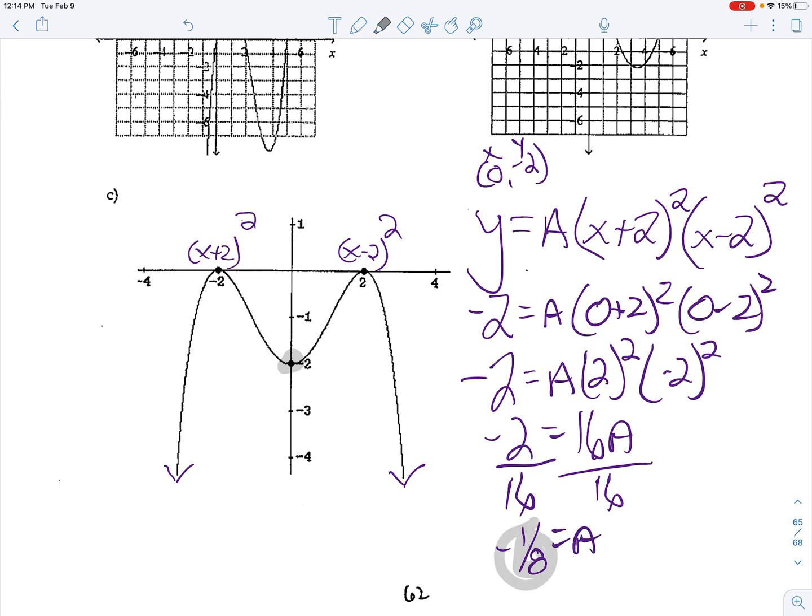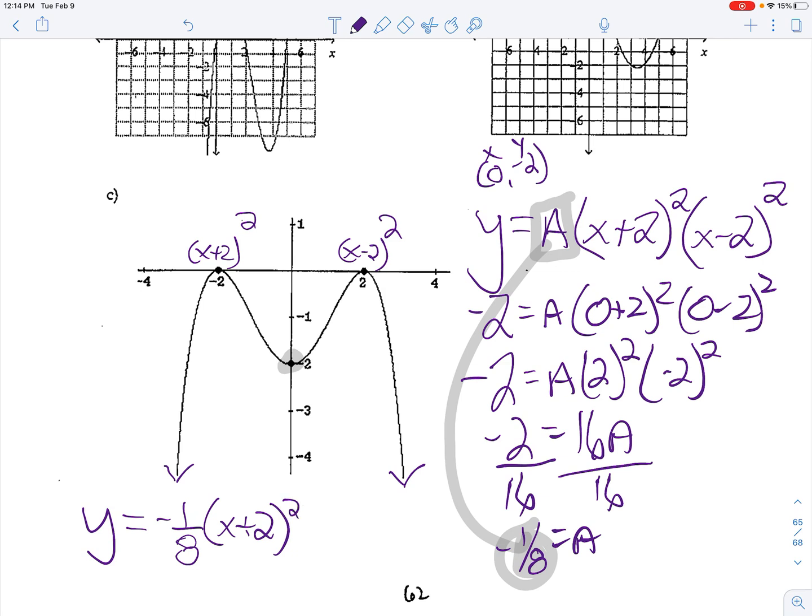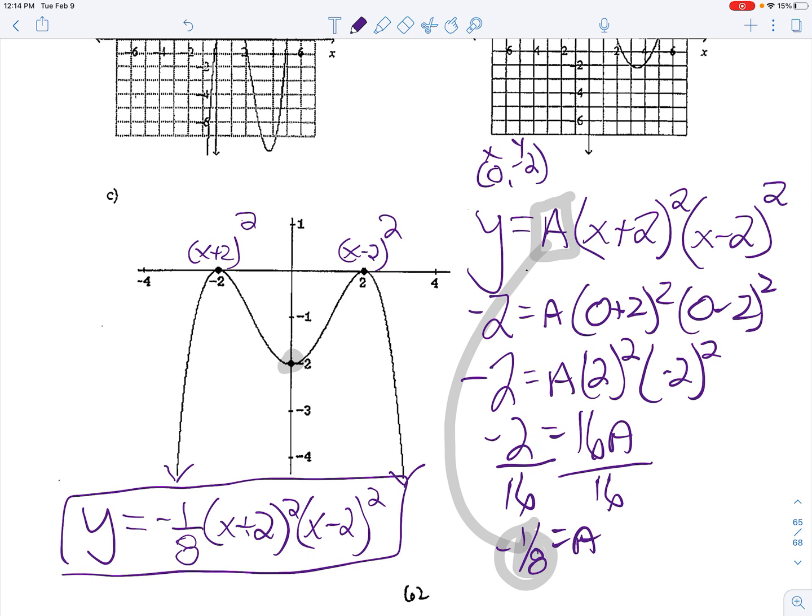That's going to be 4 and another 4, so 16a. And there you go, -1/8 is your value for a. Like I said, that goes right back into the original to write the equation.